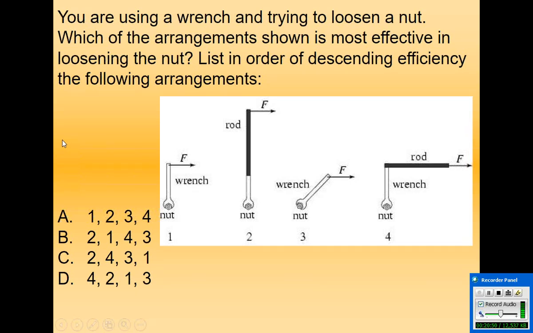Here's a conceptual question that hopefully helps you understand the role of R and theta in the expression for torque. We have a wrench and we are trying to loosen a nut, and we have several different options. Which of those is going to be the option that is most effective in getting that nut loose?